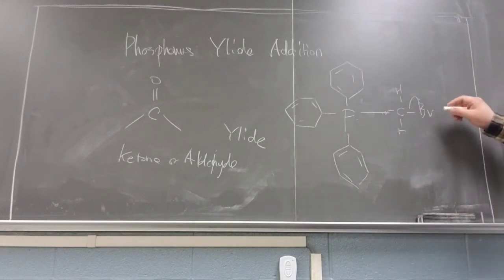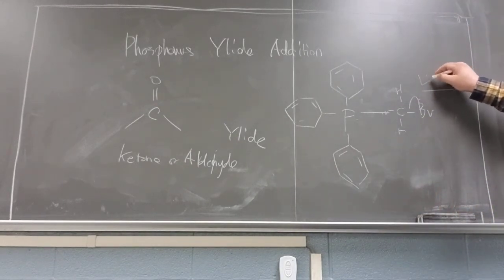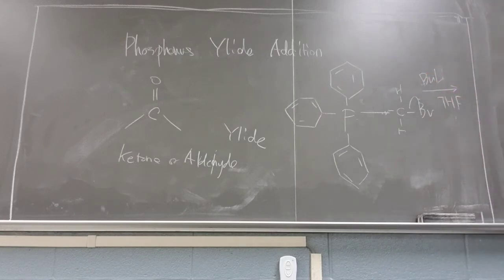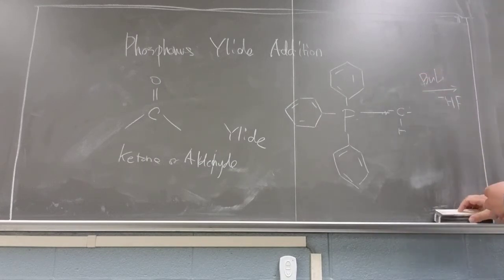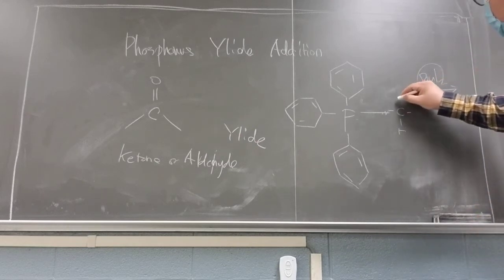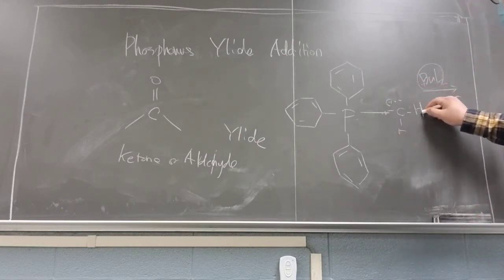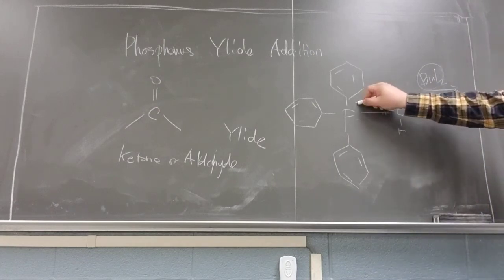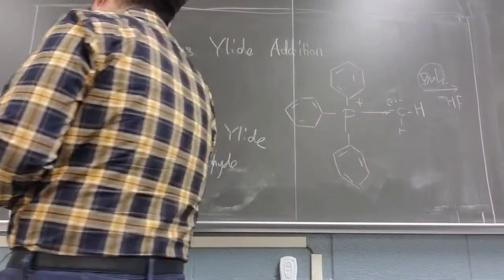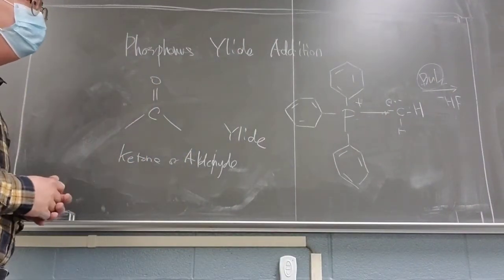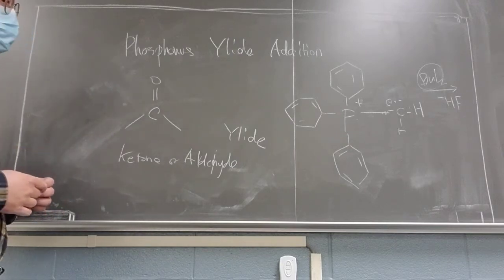Okay, and then you can treat it with butyllithium and tetrahydrofuran. They're actually going to have the hydrogen taken by this one, and then they leave a lone pair there. Looks like this. This is how you can prepare the ylide, just using triphenylphosphine with the halogenated methyl or other R groups. We can have an ylide over here.